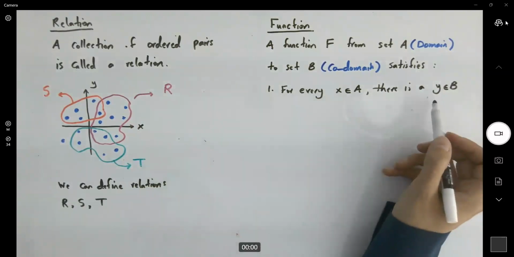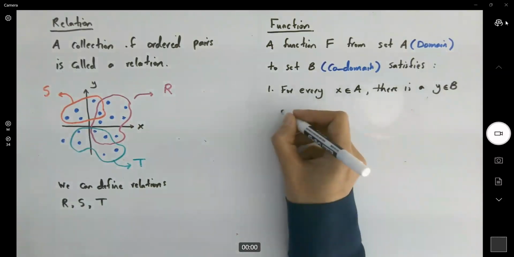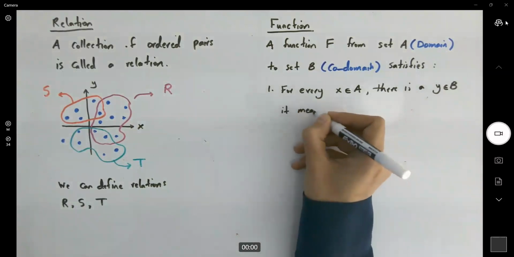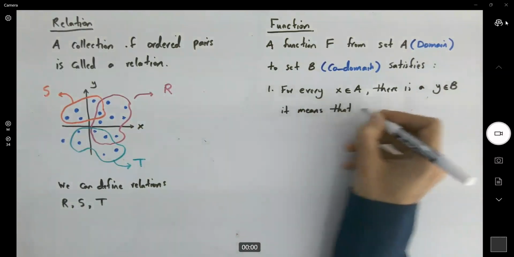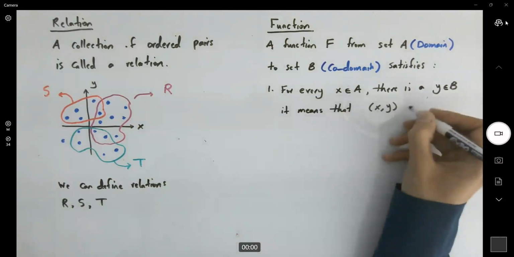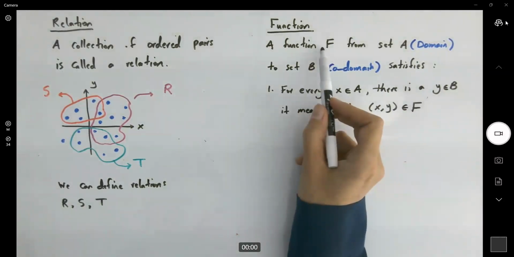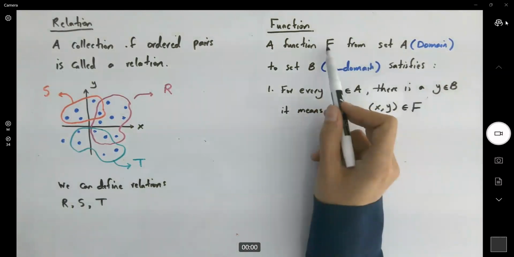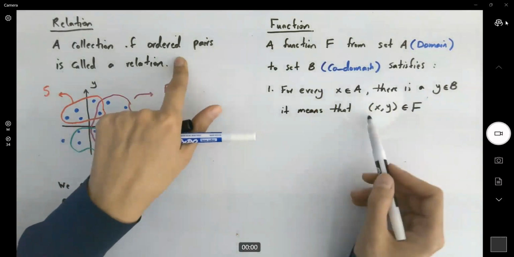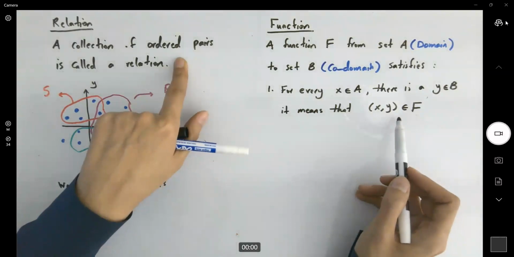What's the meaning of that? It means that you can definitely find ordered pair belong to this function. So far, your function is just a relation, collection of ordered pairs.